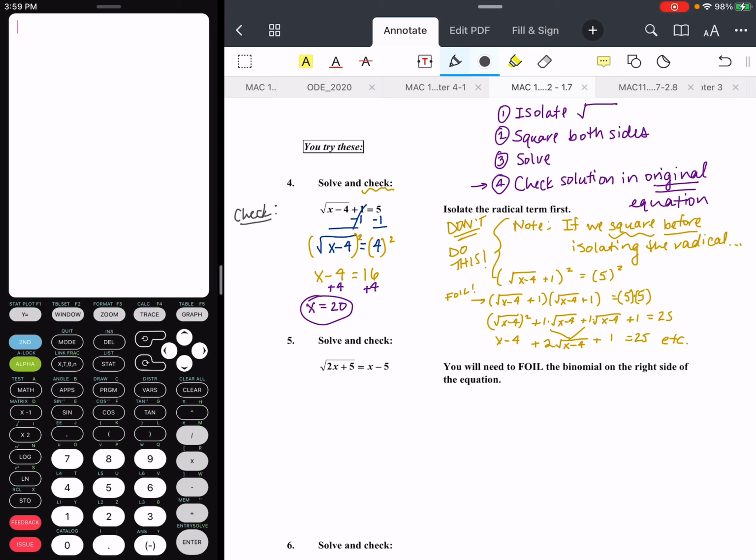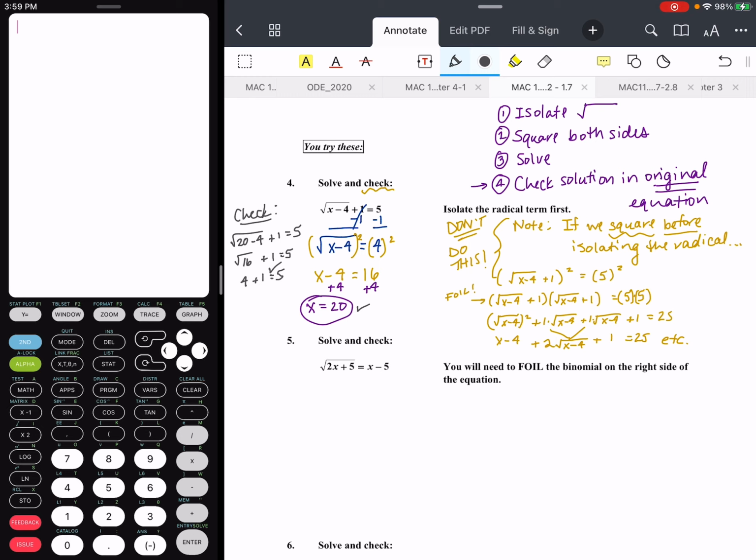So for my original equation, it should be the case that the square root of 20 minus 4, and then plus 1 equals 5. So that's the square root of 16 plus 1 equals 5. And then we know that the square root of 16 is 4. So at this point we have the statement 4 plus 1 equals 5, which we know is a true statement. So that means our solution of 20 checks out.